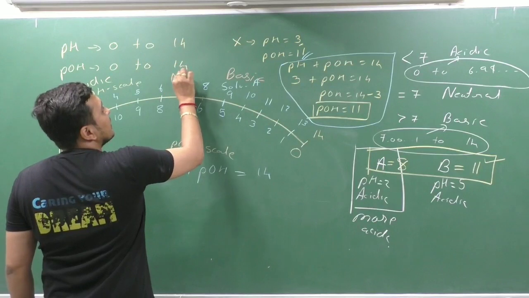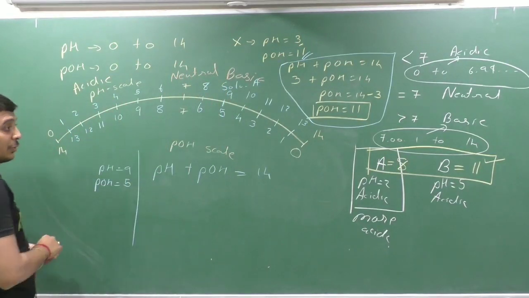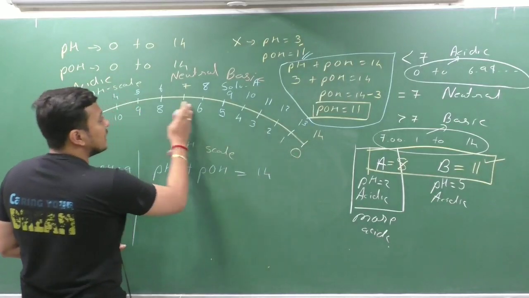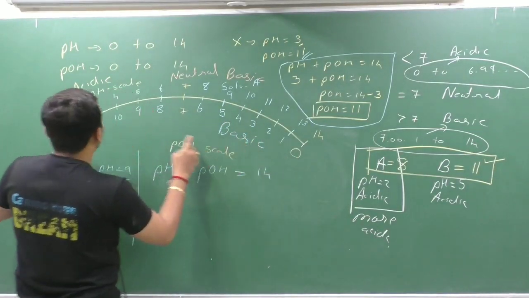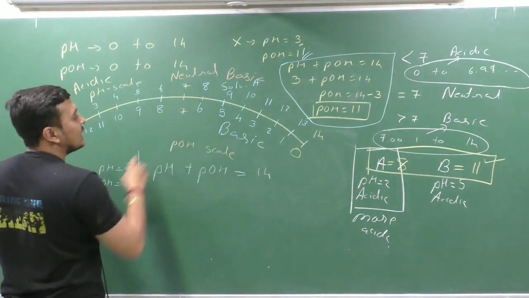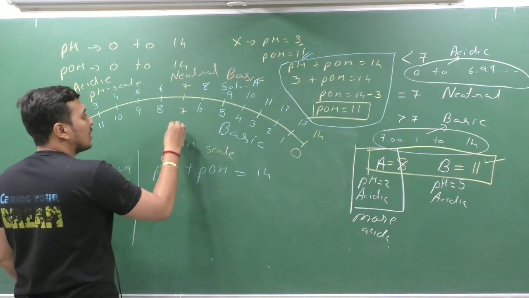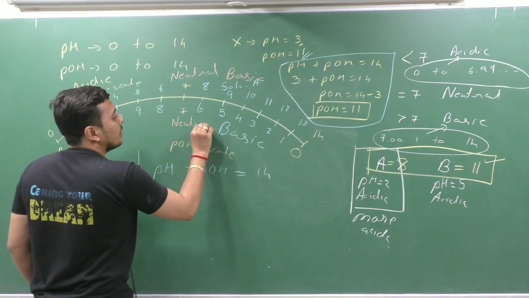At 7, it is neutral. For pH 0 to 7 it is acidic. For pOH 0 to 7 it is basic. At 7 both of them are neutral.